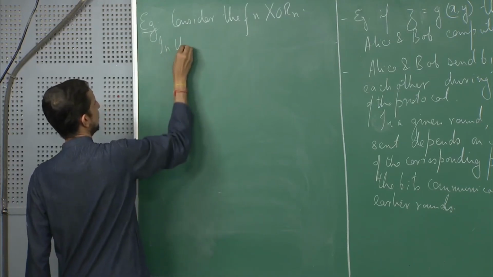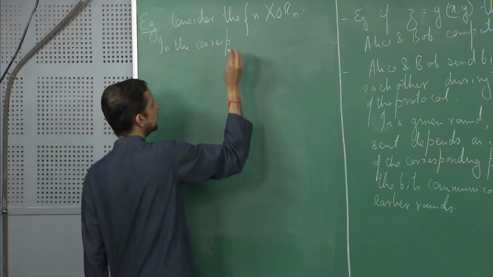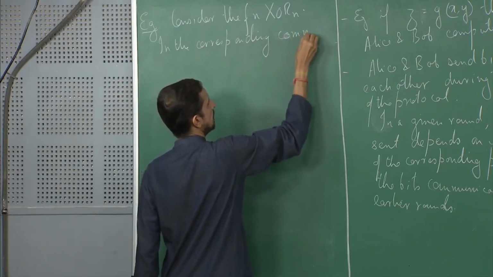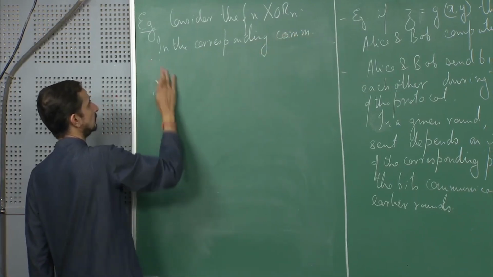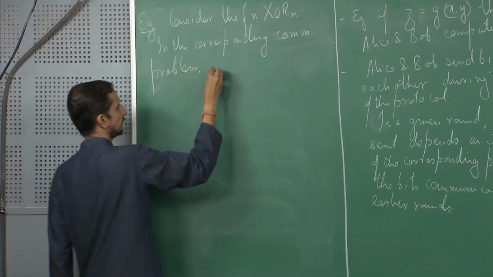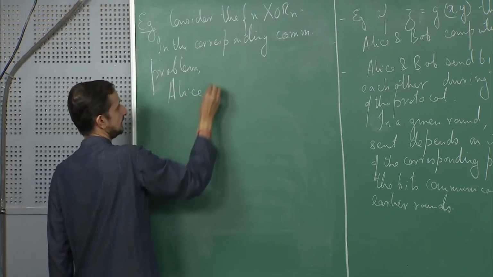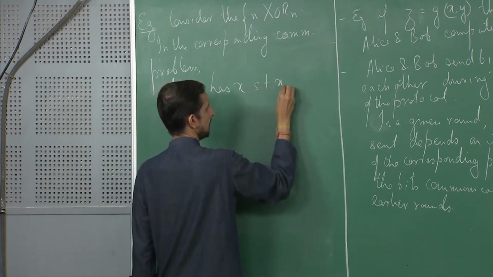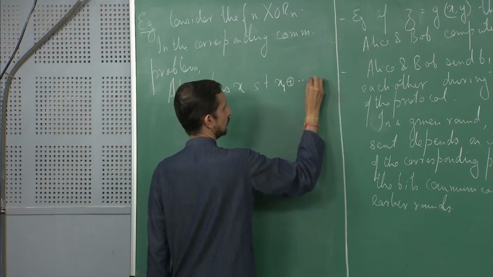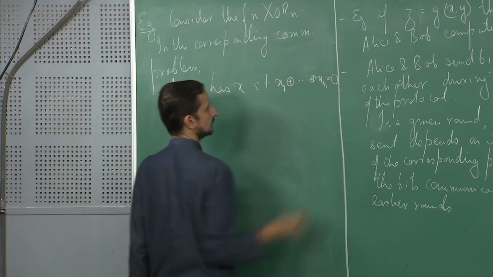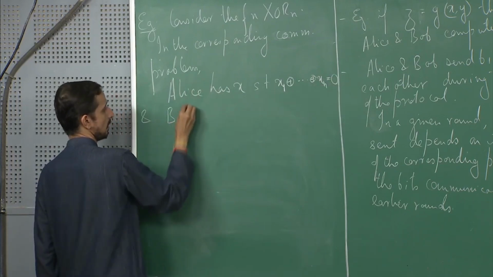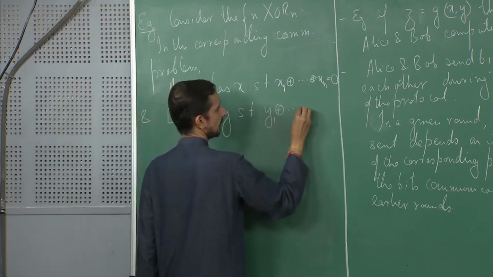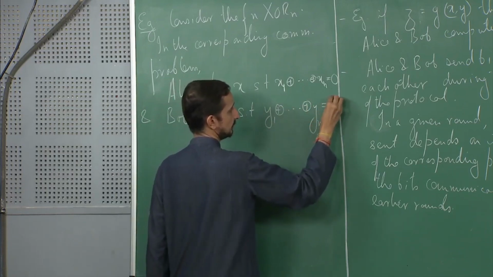In the corresponding communication problem, Alice has x such that the parity of x1 up to xn is equal to 0, and Bob has y such that the parity of y1 up to yn is equal to 1.